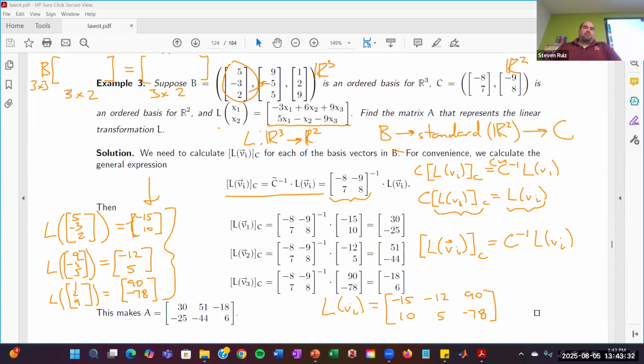Why is it 3 rows, 2 columns? Do I need to transpose this? Can't be a 2 by 3. And I can't multiply them in any other order.